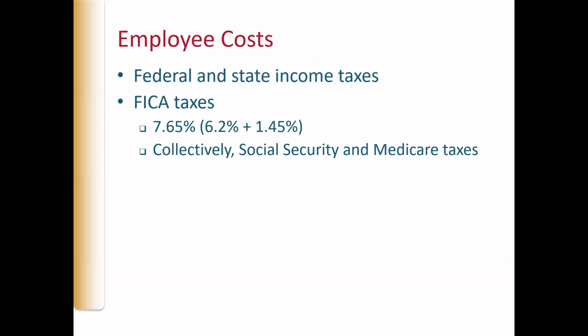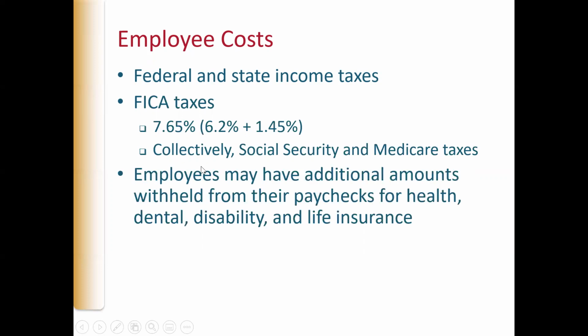So the federal and state income taxes really vary depending on individuals' situations. But the FICA tax is made up of Social Security, which is 6.2%, and Medicare, which is 1.45%. I don't want to get into a lot of specifics on this, but generally Social Security is capped. I think this year it's at about 148,000, but Medicare goes on forever and ever.